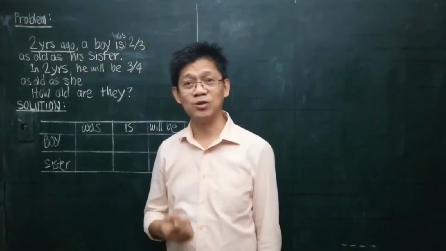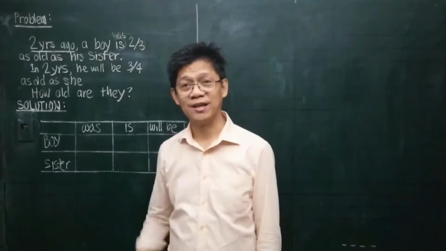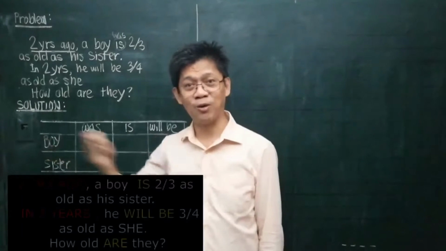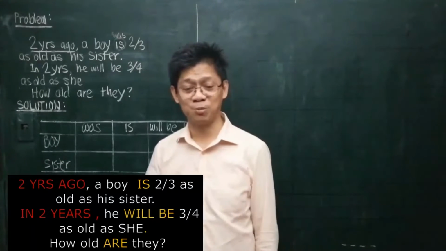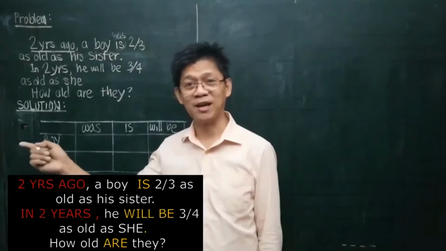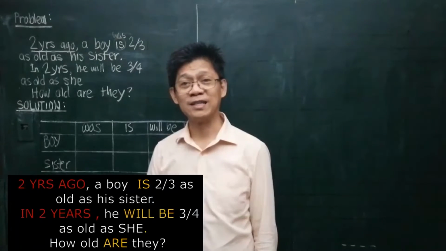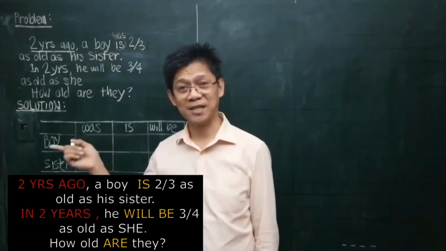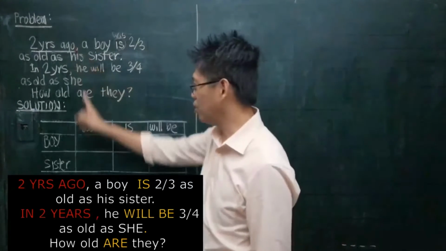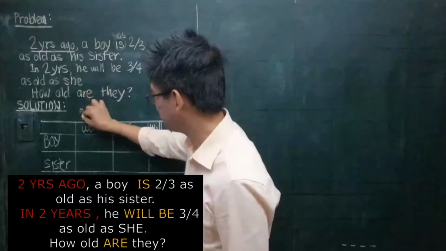Yan yung ginagamit sa news reporting and storytelling. Once upon a time, pero ang form ng verb na ginagamit, present. Pero hindi ibig sabihin the event is present, but once upon a time. Past perfect tense: present form of verb, but the event is past. So, 2 years ago, that refers to this.